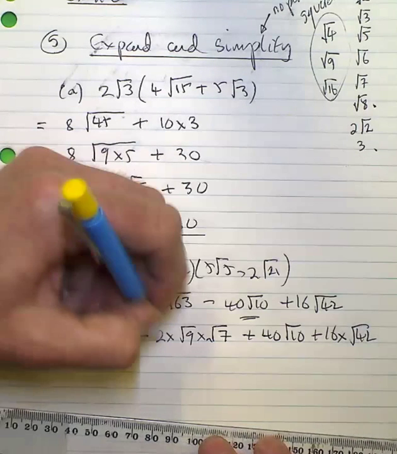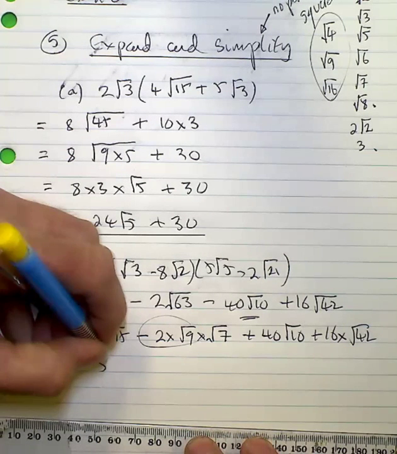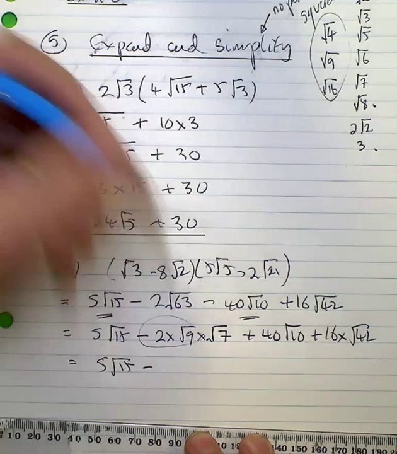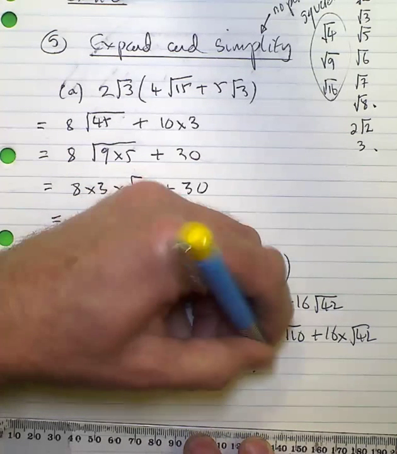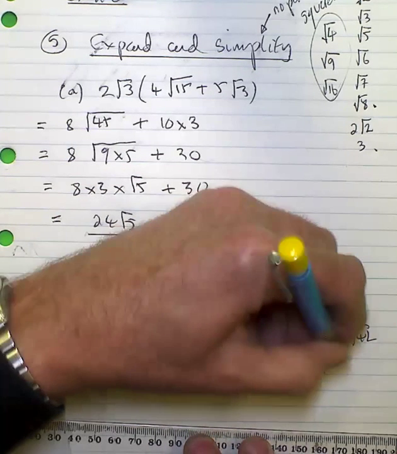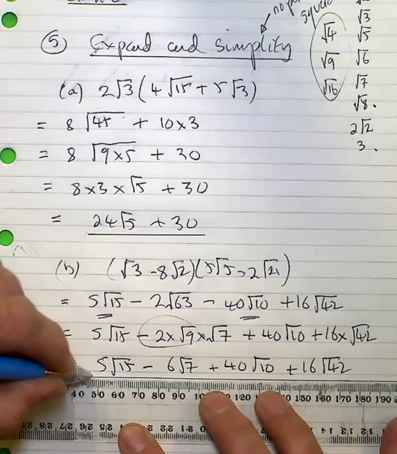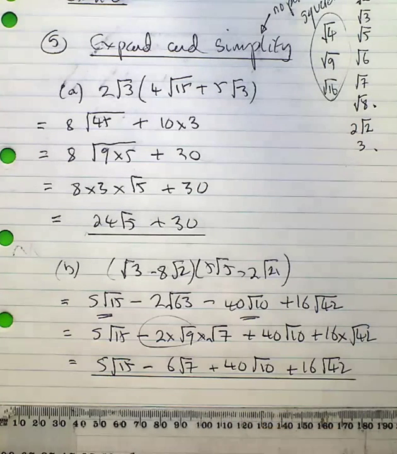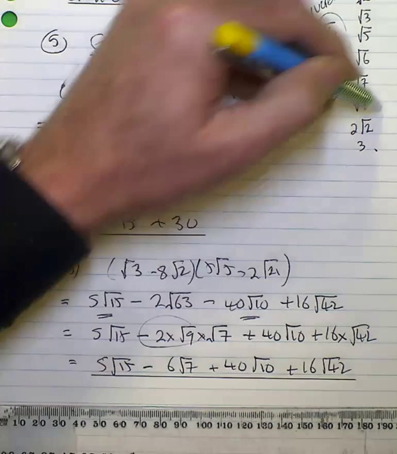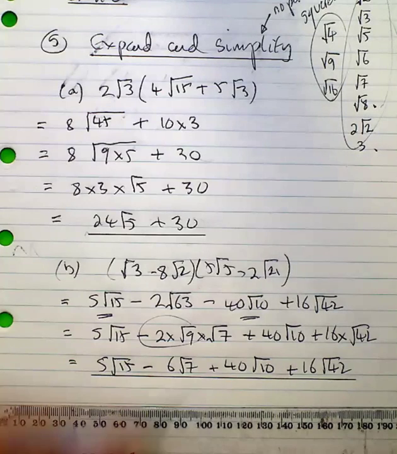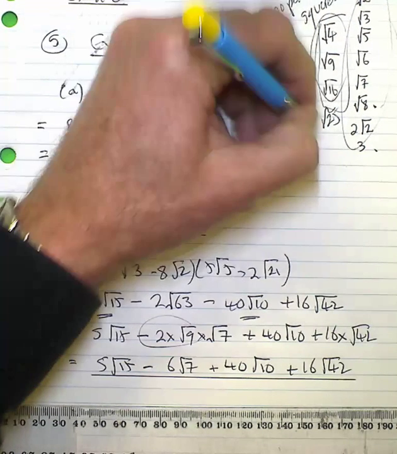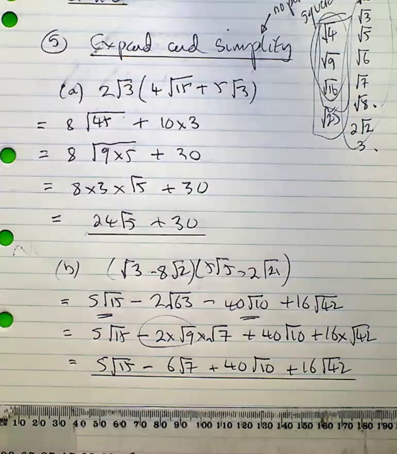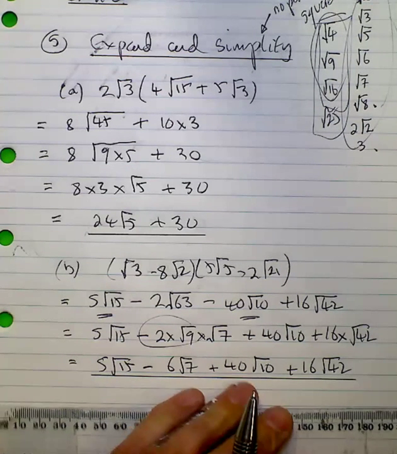So it looks like it's only this term I can simplify. 2 3s are 6, and 16 root 42. So watch out, as soon as you've got a large number, look for your perfect squares, your root 4s, your root 9s, your root 16s, your root 25. Generally there'll be 1 or 2 for each of these questions.